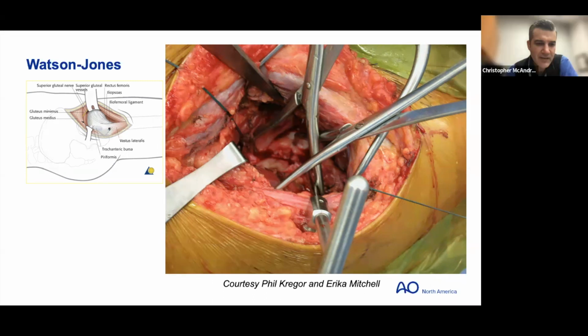Yeah, I think it does depend on what the fixation is going to be, and also a little bit on who the patient is. The younger the patients are, for the purposes of what we're talking about tonight, I like to take the vastus at the ridge and leave a cuff.